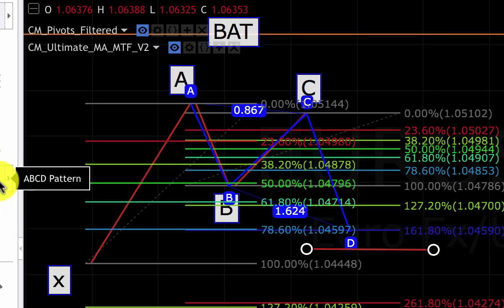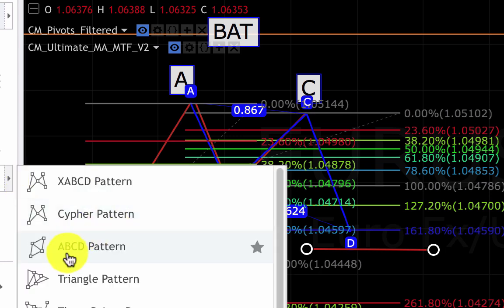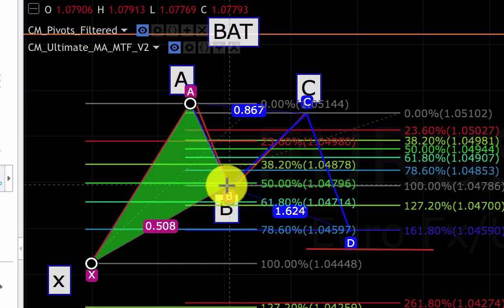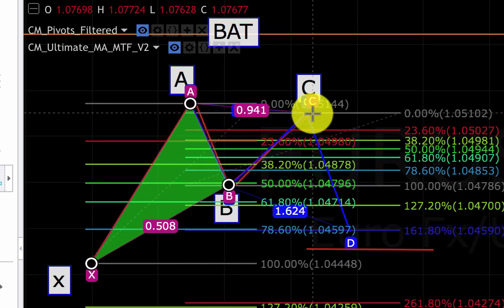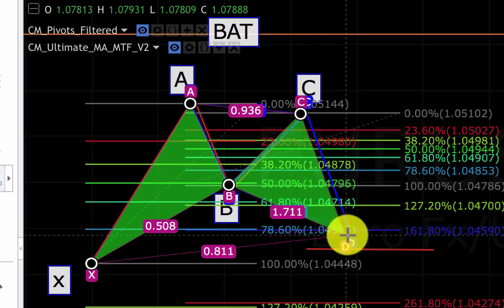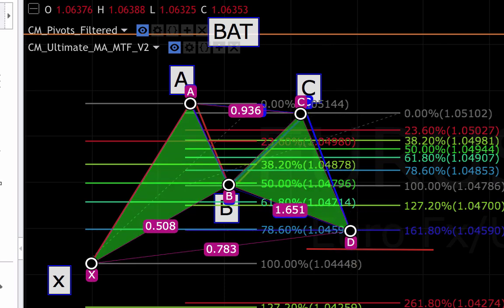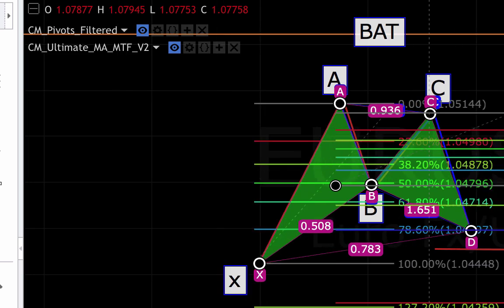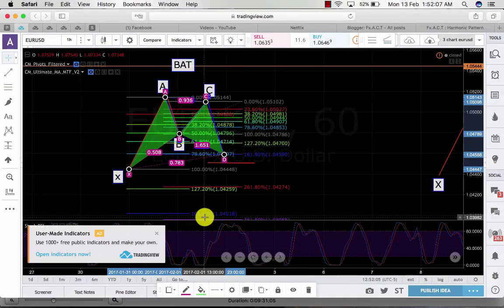Now we could have the completion of the bat pattern by doing this one. So that's how you get the measurement. There you go. So that's the completion of the bat pattern. That's how you identify the measurements and the exact points of the bat.